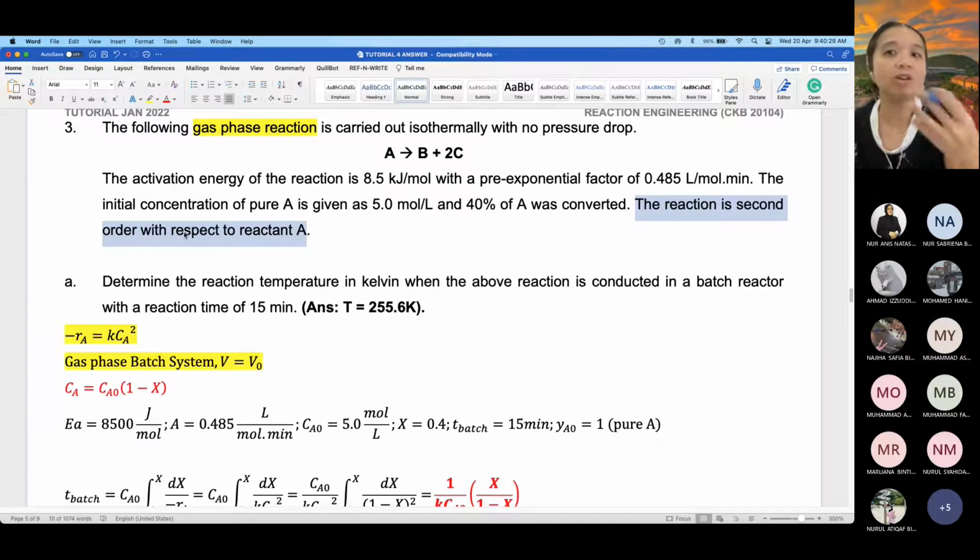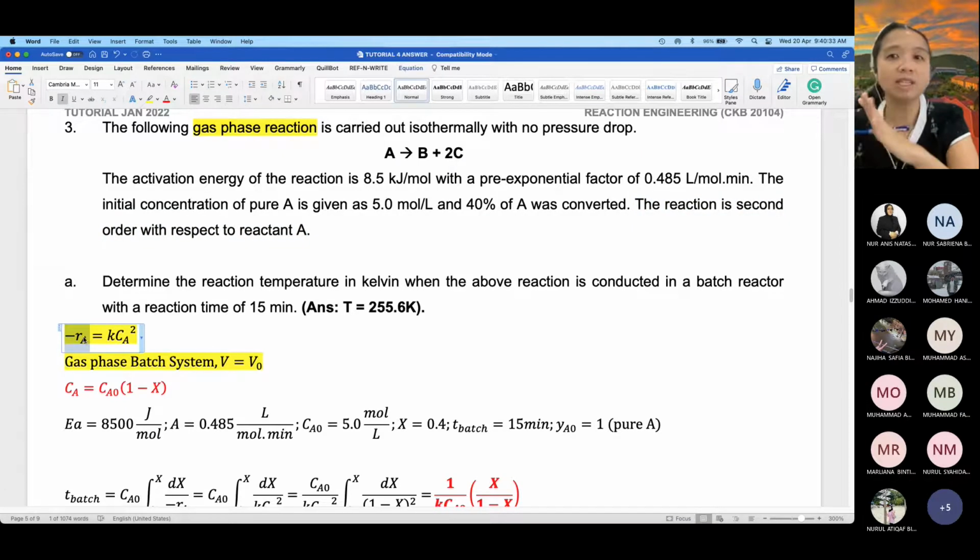So in this case, it says second order with respect to A. So you can already write down the rate law. How do you write it down? The rate law, minus RA. Rate law mesti start dengan minus RA. Okay, elementary ke non-elementary ke, it still starts with minus RA equals K. Okay, so K ni memang kena ada. Elementary, non-elementary, the K is always there. And then CA to the power of 2. So why power of 2?